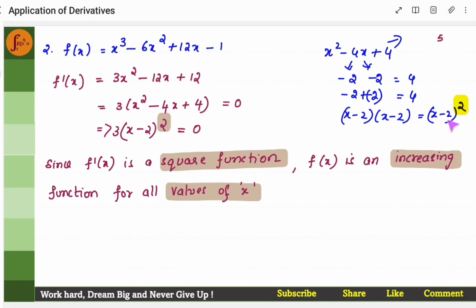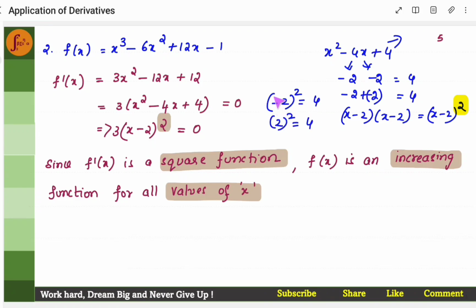Whenever you see a square function, you can straight away say that it is an increasing function. Why? Because whatever value of x you put, whether positive or negative, the result is going to be positive. Minus 2 the whole square is 4, and plus 2 the whole square is also 4.